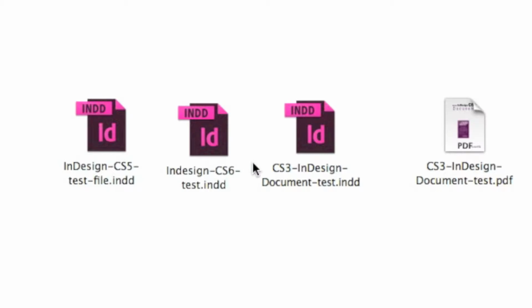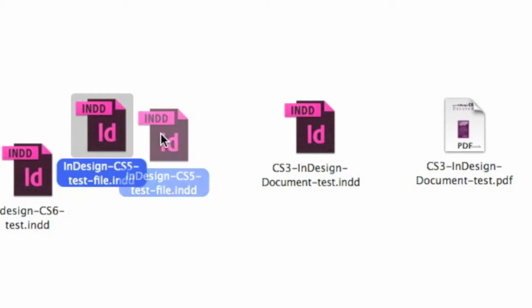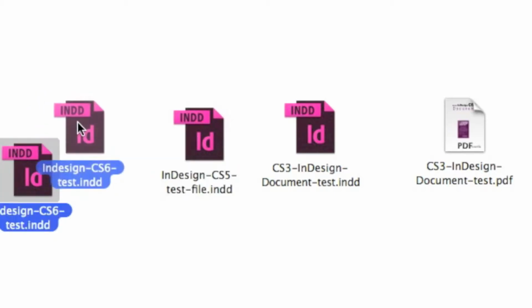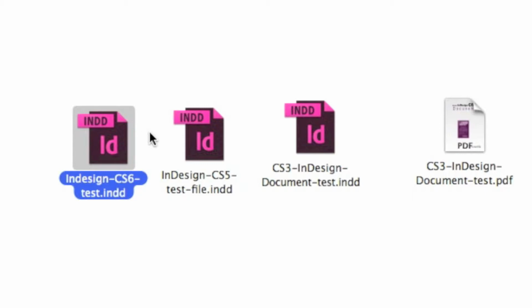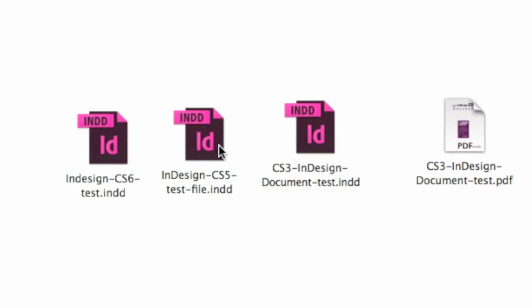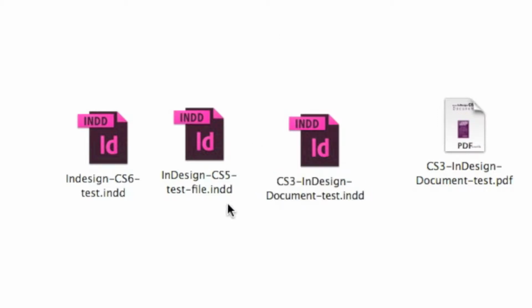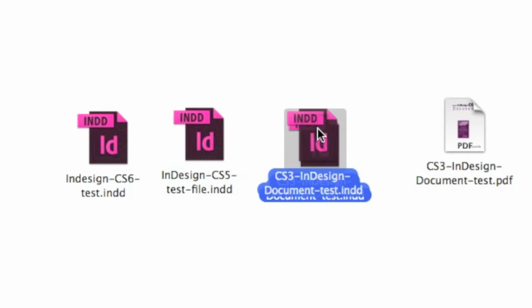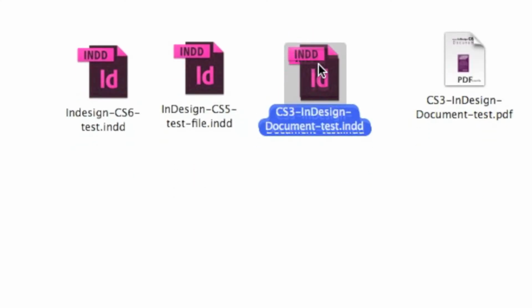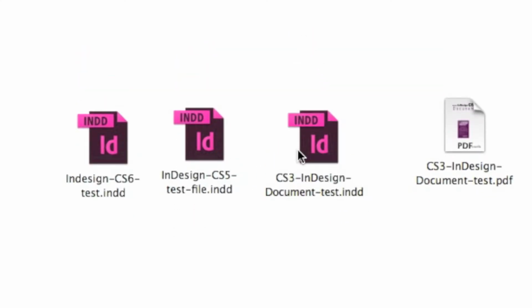Here we have a suite of InDesign files and a PDF made from a CS3 file we'll get to in a moment. These were all created natively within CS6 here, which I have on this machine, CS5, which I have on another machine, and CS3, which I have yet on another machine. So in this modern machine, we have only CS6, so the file appears to be a modern file when in fact it is an older version.